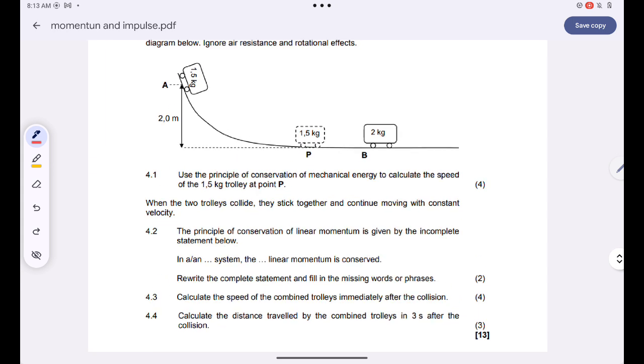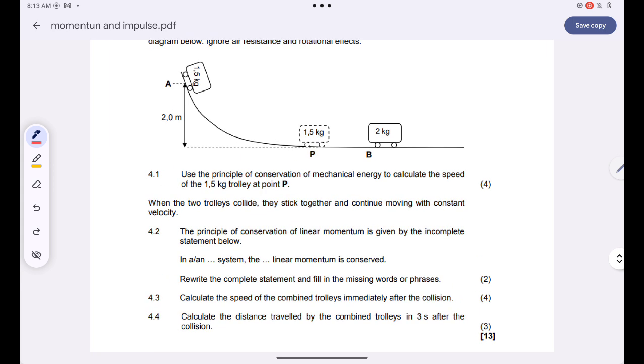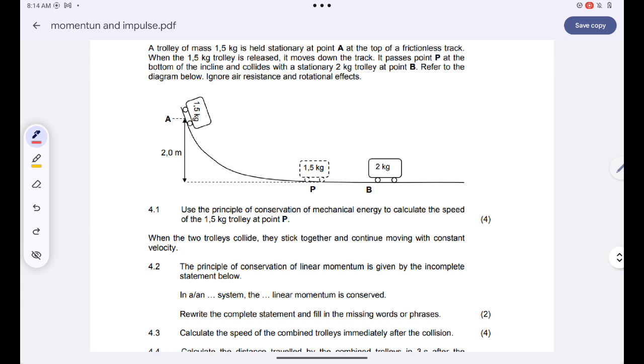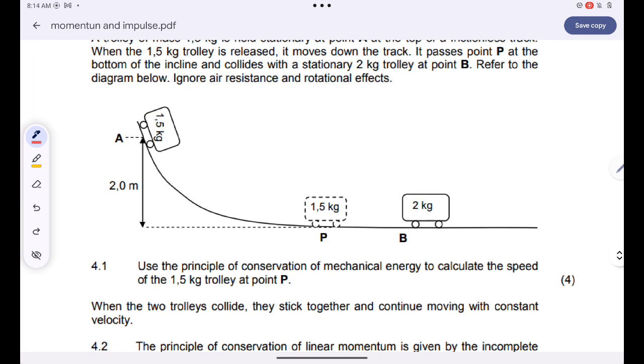So in the first question, they want us to use energy. They want us to use principles of conservation of mechanical energy to calculate the speed of the 1.5 kg trolley at point P. By definition, guys, mechanical energy is just the sum of kinetic energy and potential energy of an object. So mechanical energy is conserved, which simply means the mechanical energy before should be equal to the mechanical energy after.